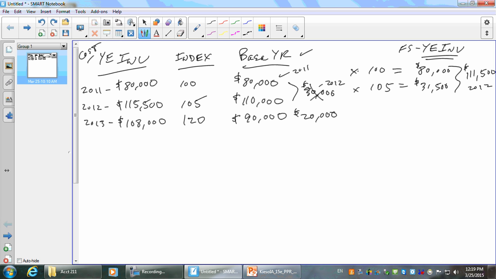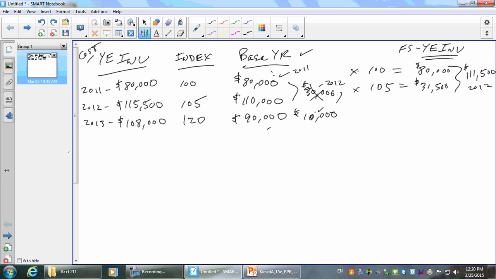I've got 80 from the base year plus 10, because 80 plus 10 is the 90 we have at the end. Everybody see it? In base year dollars.